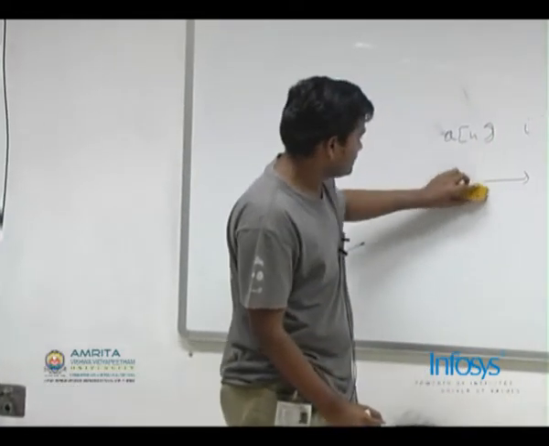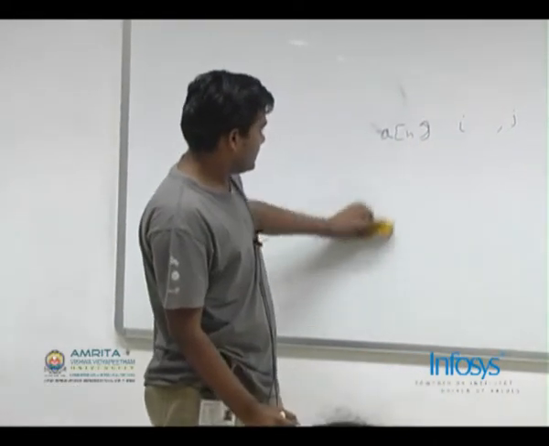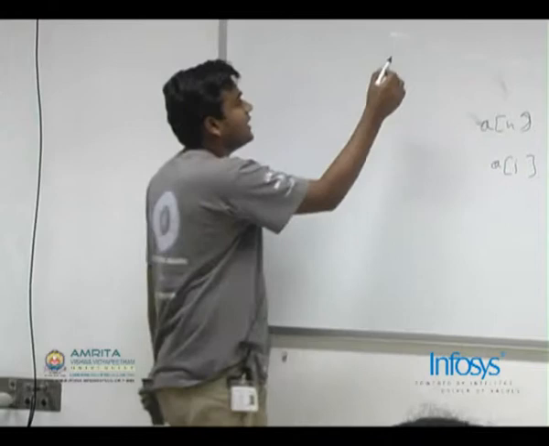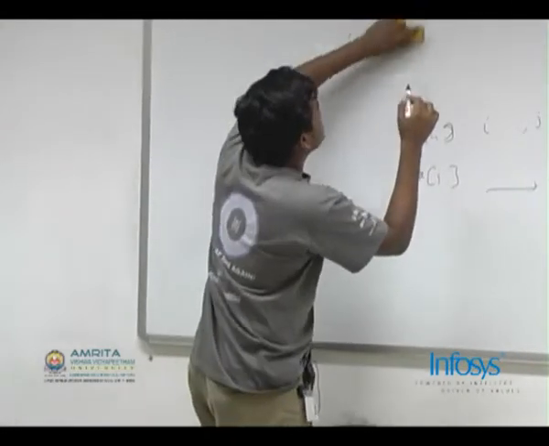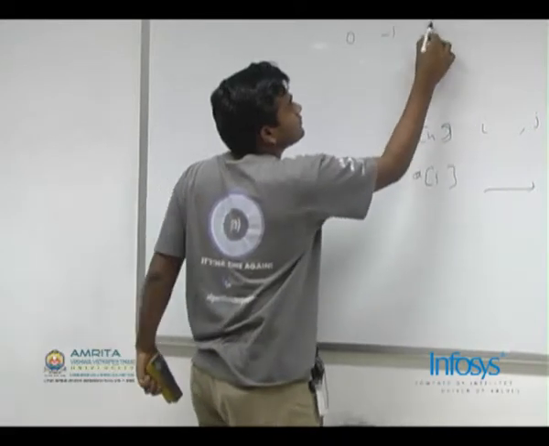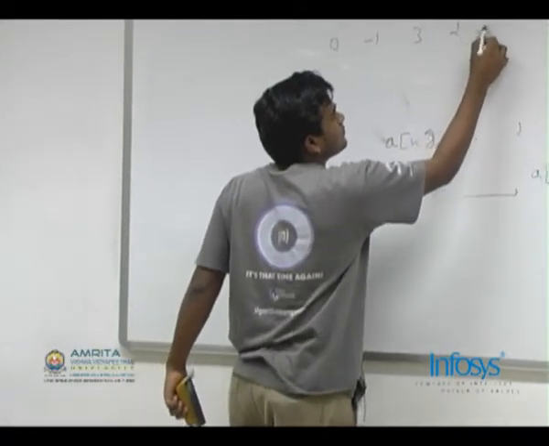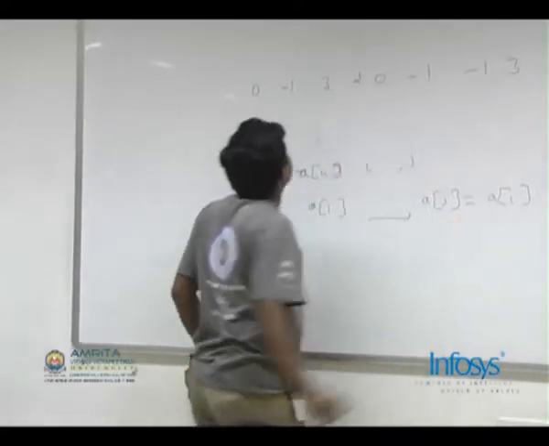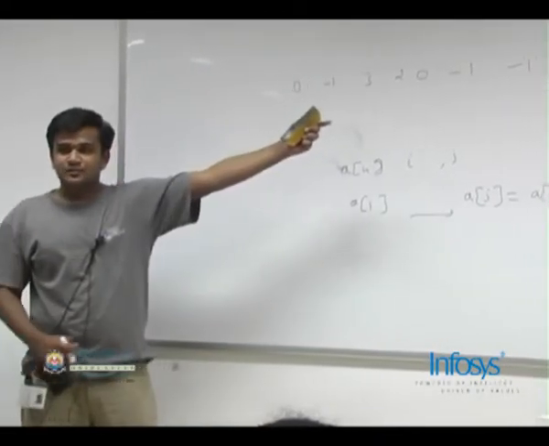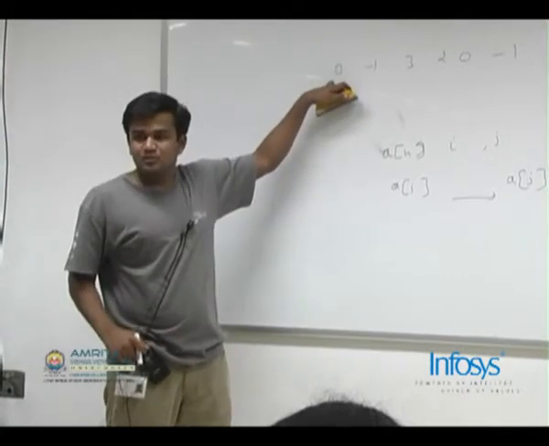Now, a sample array, we have, let's say, an array like this. Let's look at 0.